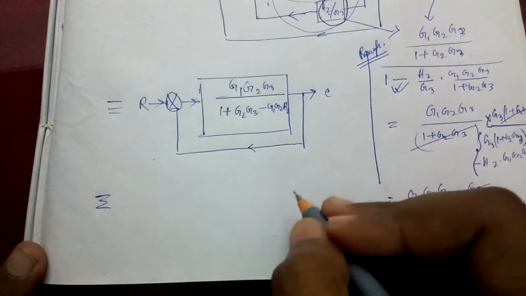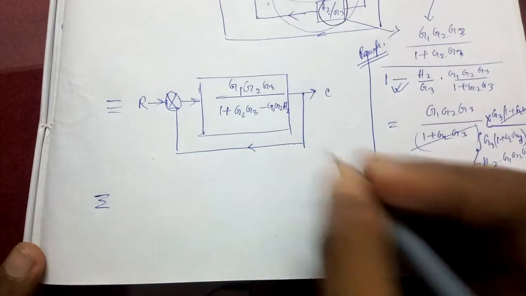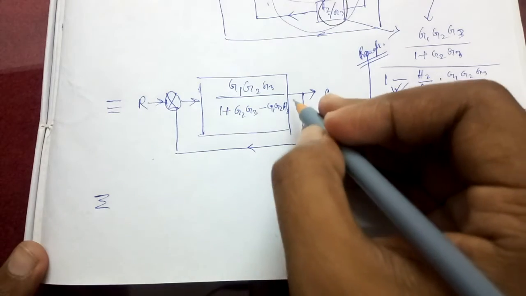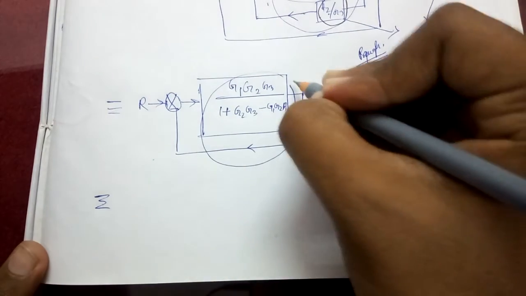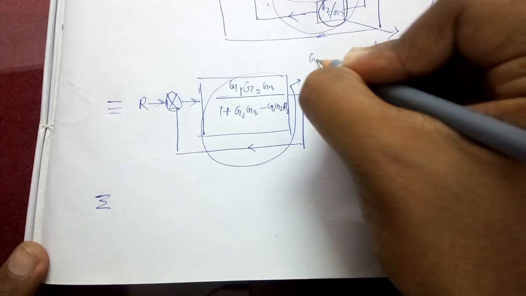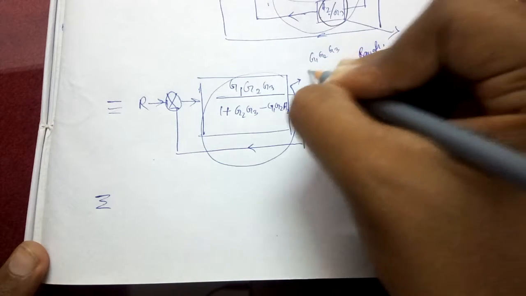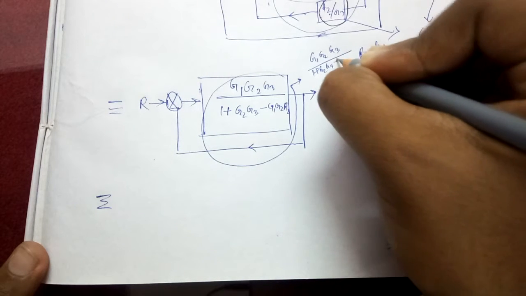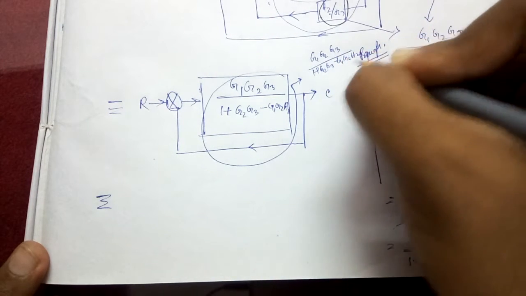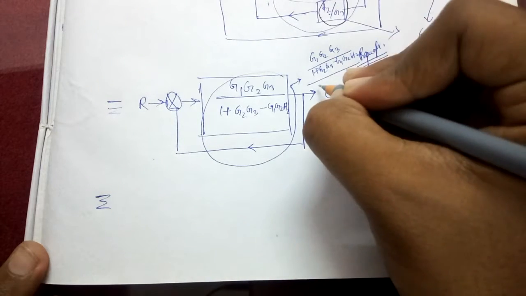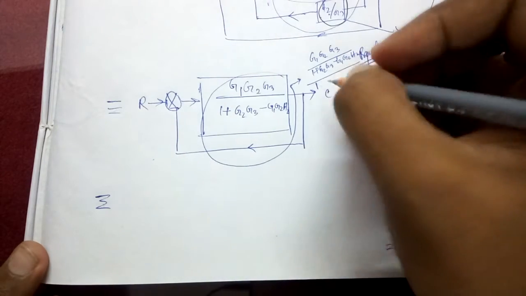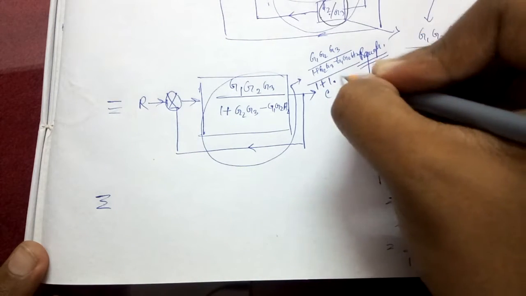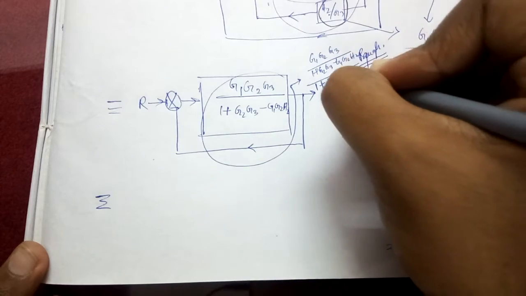So this calculation is very easy when there is unity feedback, like this will be G1 G2 G3 by 1 plus G2 G3 minus G1 G2 H2 by 1, as there is negative feedback, 1 plus 1 into this portion.